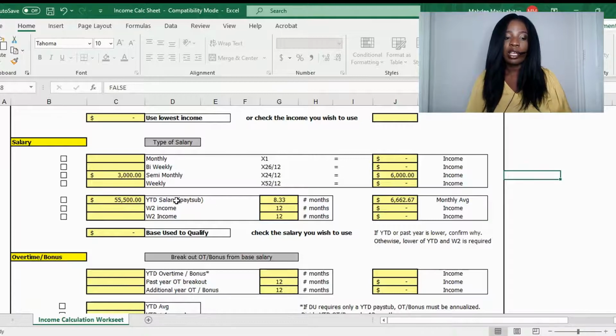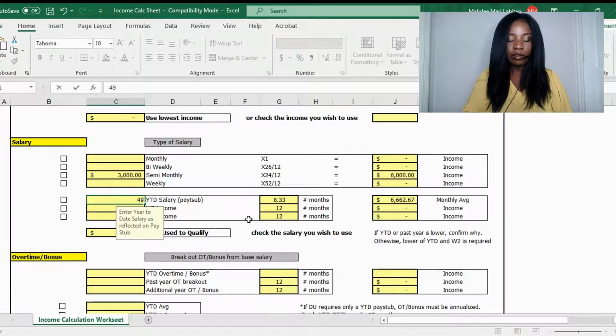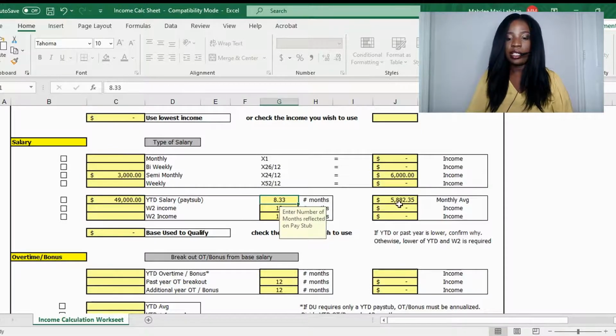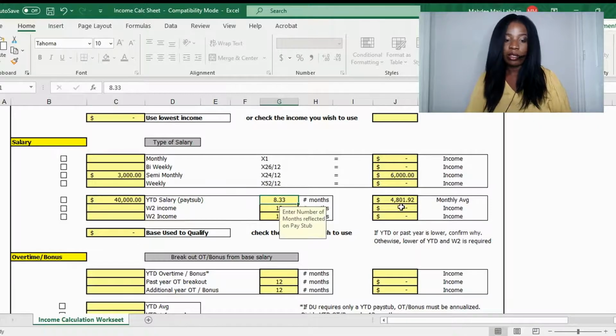So let's say if that happened, you weren't getting income for a month. So now you're down to 49,000 in a year to date. And you see that's lower, not substantially lower. Sorry for my ghetto example. Okay. So this is something that would raise concern.